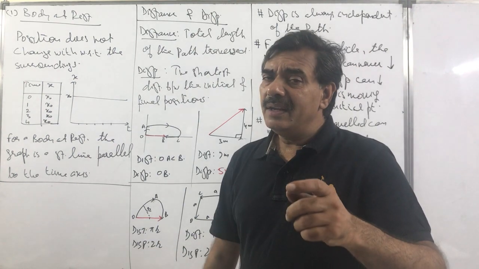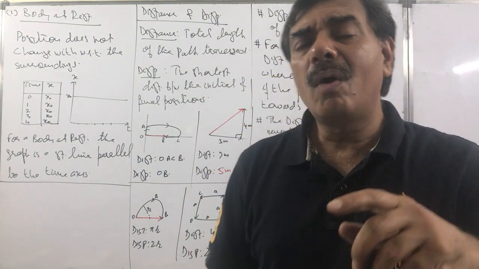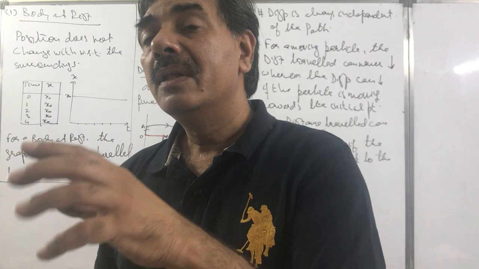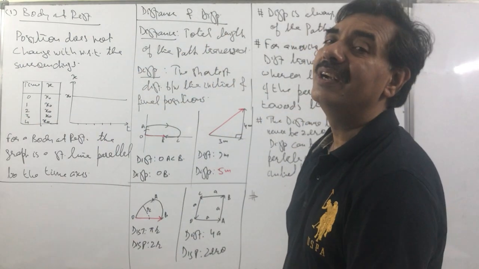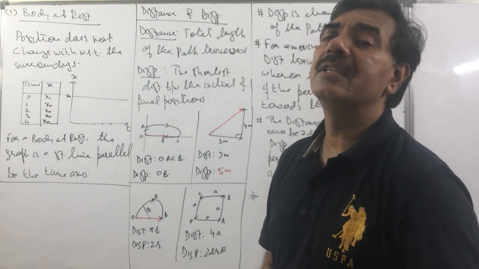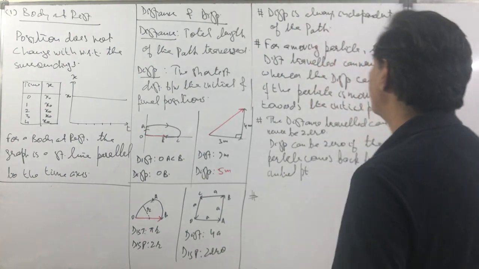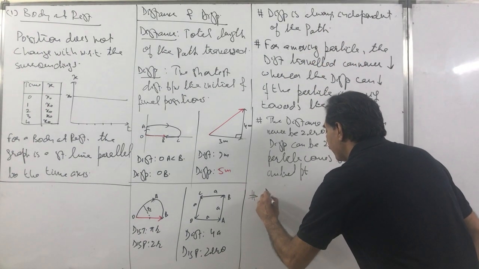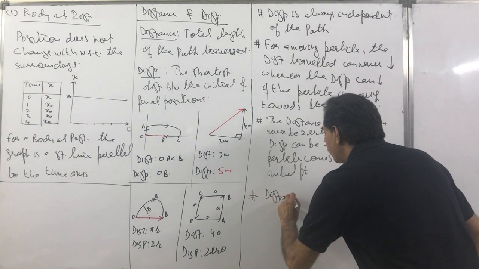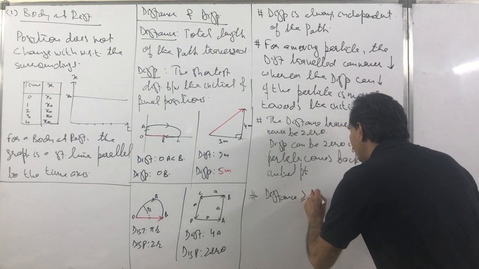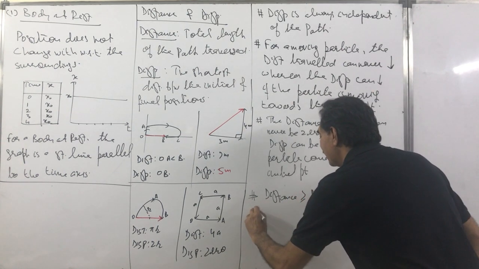And if the particle is moving along a straight line, the distance will be equal to the displacement. In all other cases, the distance will be greater than or at the most equal to displacement.